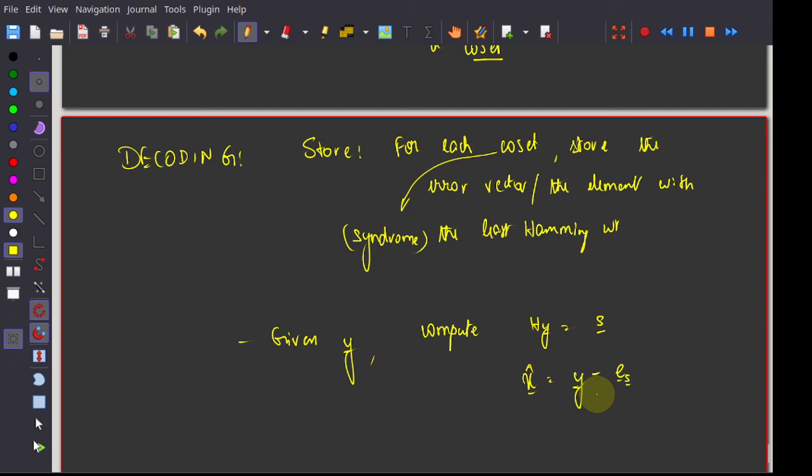Again, in certain regimes this is good because you're saving a lot of complexity. So the syndrome tells me which coset it is.